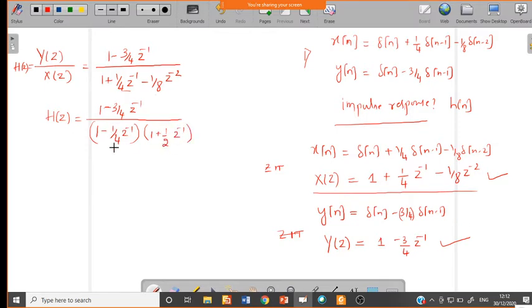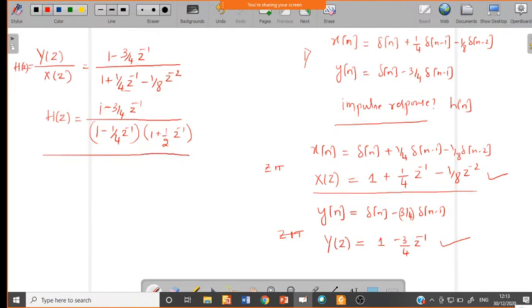So we have the roots minus 1 by 4 and plus 1 by 2. Now use the partial fraction expansion method.